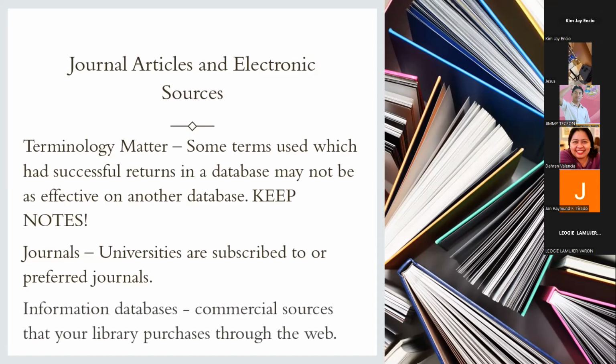And information databases. These are actually commercial sources. One of which is Google or the search engines. They also take results from information databases. These are basically information stored online which are open to the public.